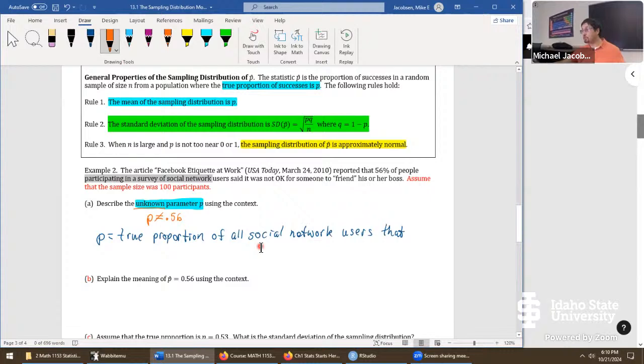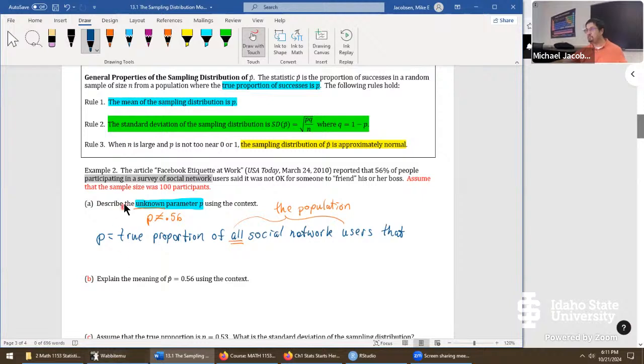When we said all social network users, we're referring to the population. That's what makes this one a parameter, when we're describing the population itself. And this word right here really keys in that it's a population. We're not talking about the sample of 100 social network users. We mean all of them in totality.